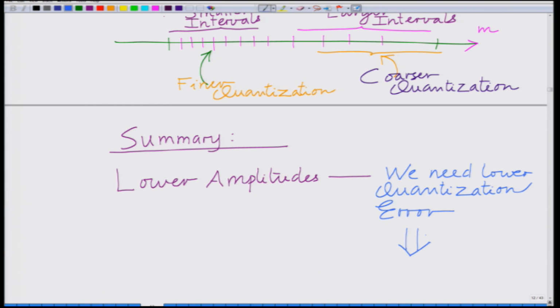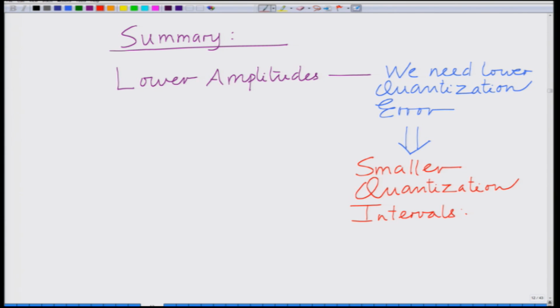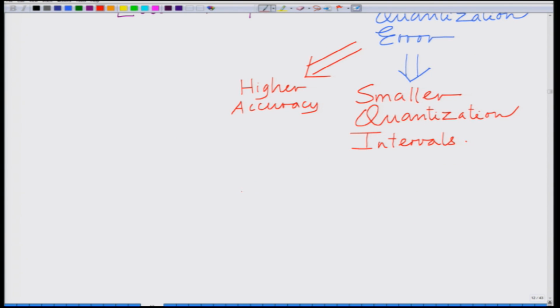Lower quantization error implies smaller quantization intervals, we need smaller quantization intervals. This implies higher accuracy of reconstruction.